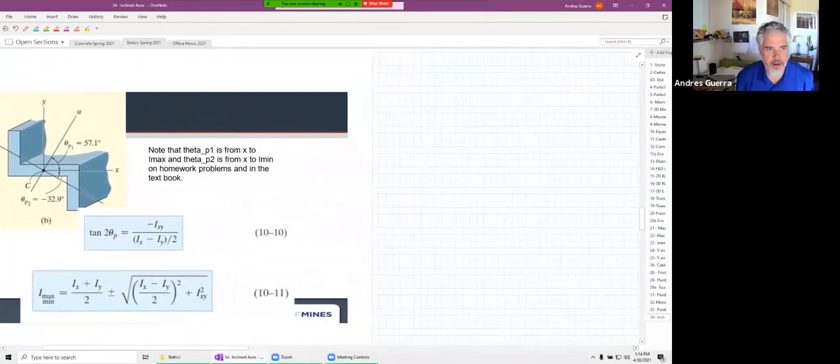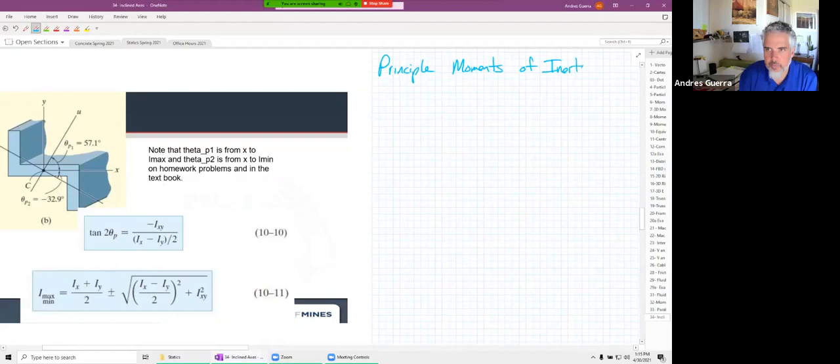I'll leave it on the far left. But for our principal moments of inertia, if we have a shape here that looks very similar to the shape on the left-hand side, this is one of the examples from the textbook.